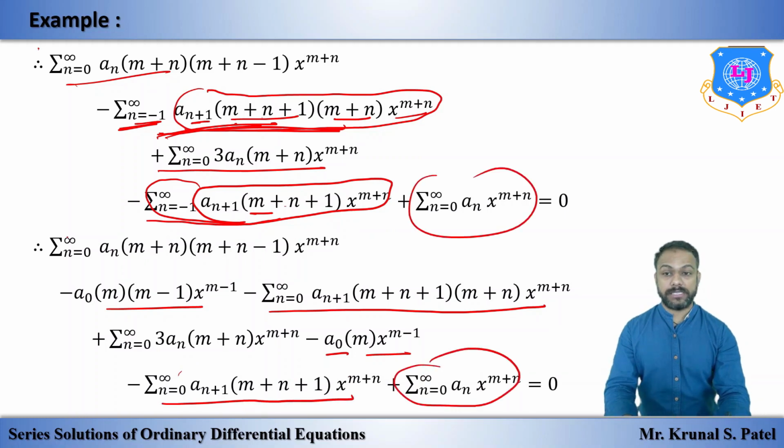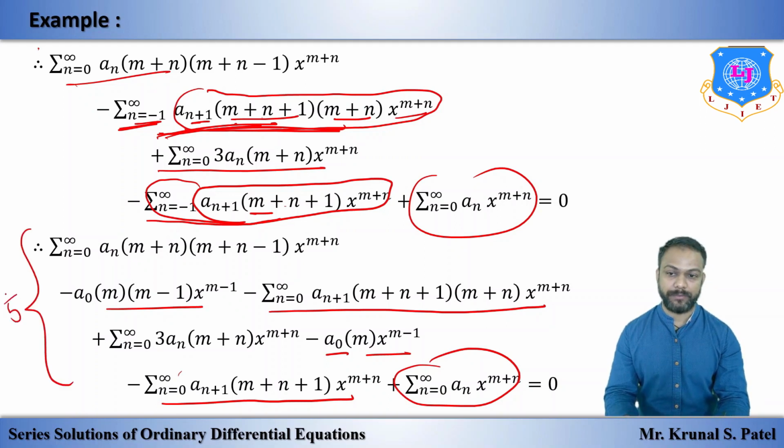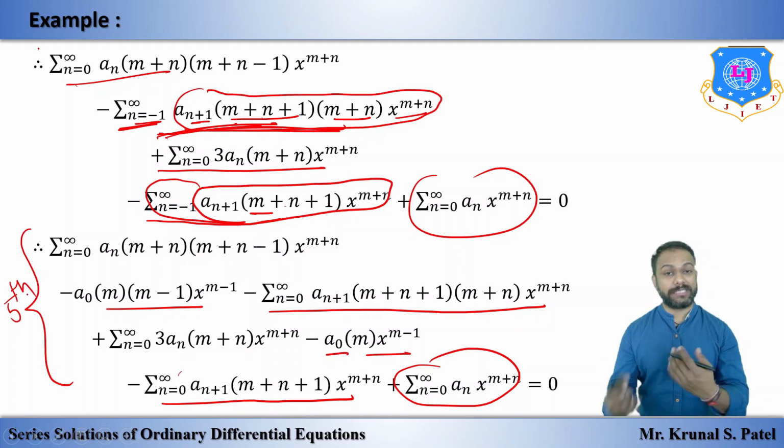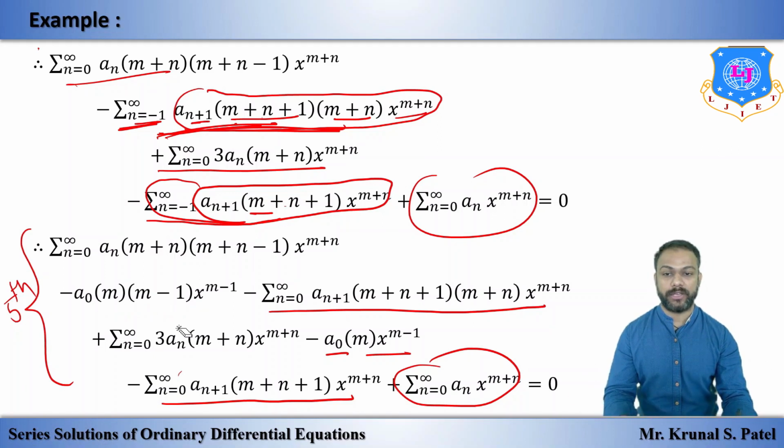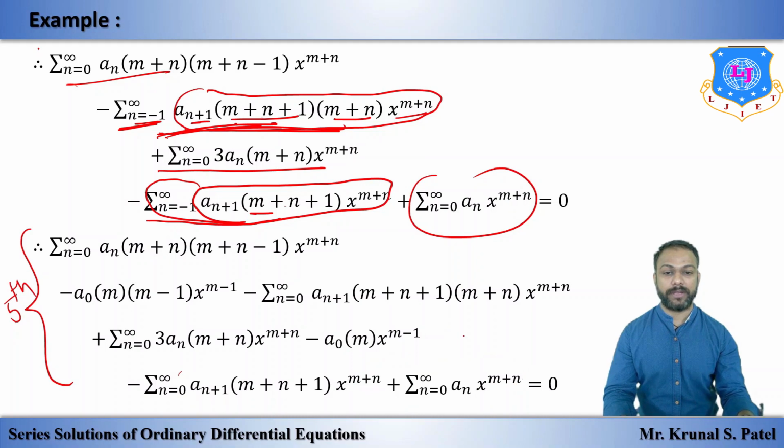So this is our step of making the limit of sigma equal, that means the fifth step. Now after making the power of x equal and the limit of sigma equal, we will collect the like powers of x. Here you can observe that we have only two terms with x raised to m minus 1. Other than that, all the terms have x raised to m plus n.